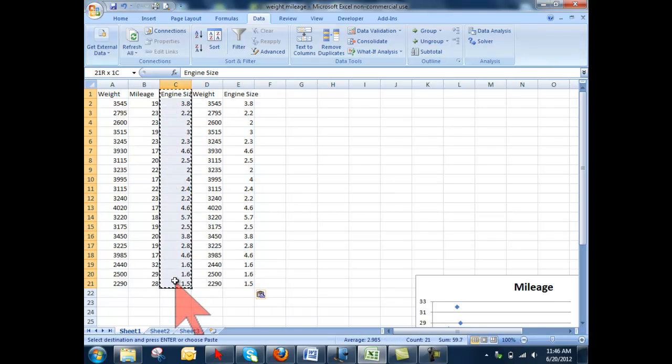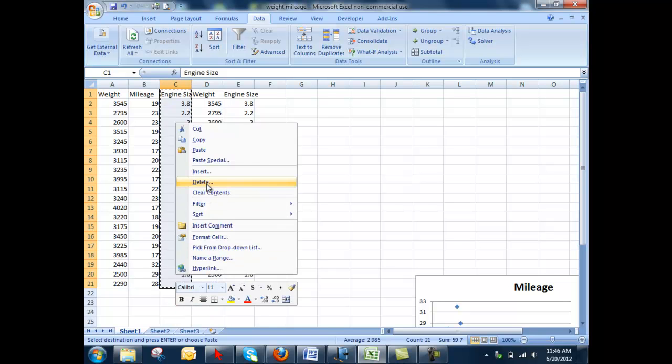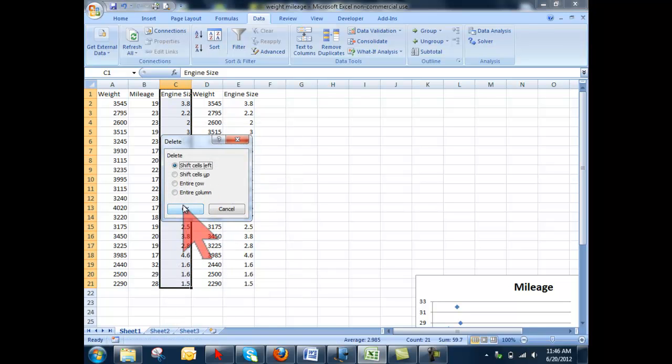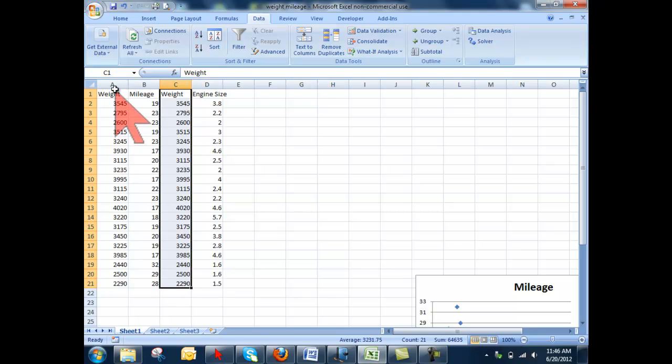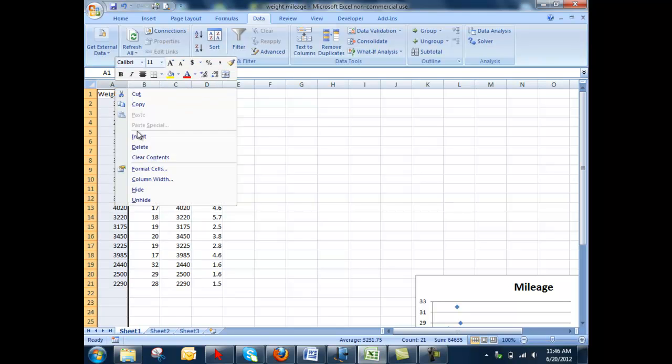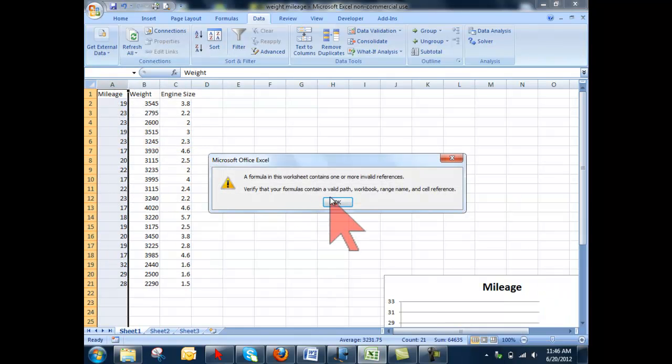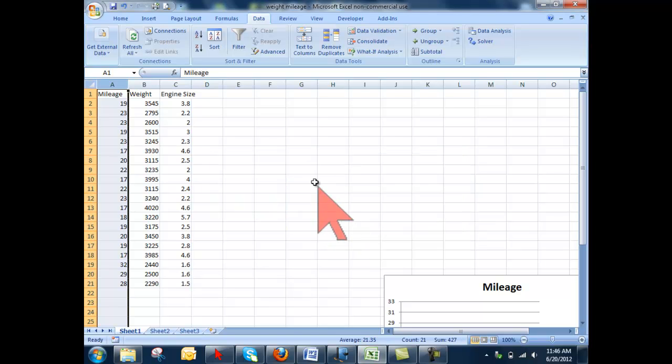Actually, now let me go ahead and delete this and this. Okay, so here is how I want things to be. Mileage and then weight and engine size in adjacent columns with weight on the left.